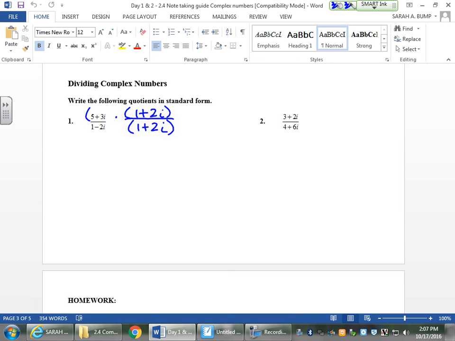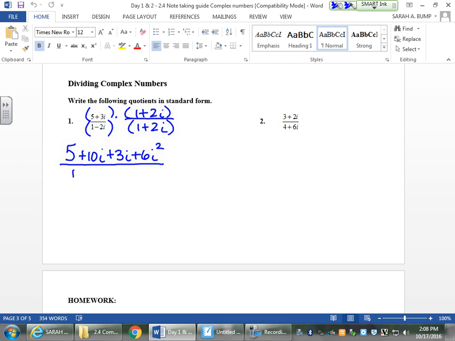I'm also going to throw parentheses around these to show that I'm multiplying. When I distribute out the numerator, I will get 5 plus 10i plus 3i plus 6i squared. And since the denominators are conjugates, I'm not going to distribute it all the way out. I'm going to use the shortcut and only multiply the first and the last.